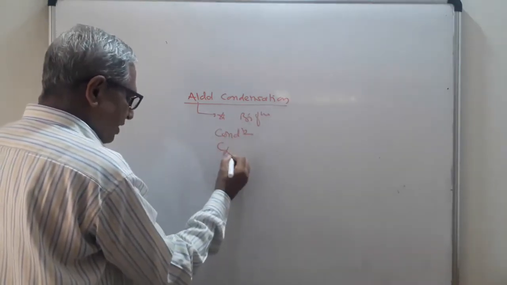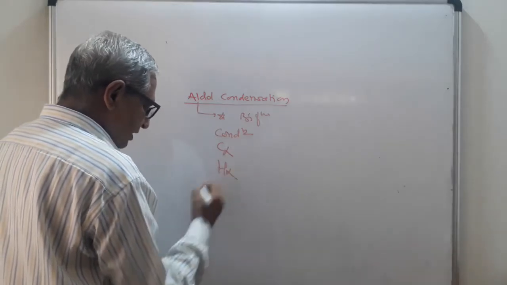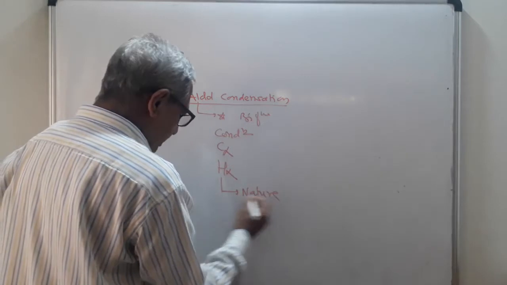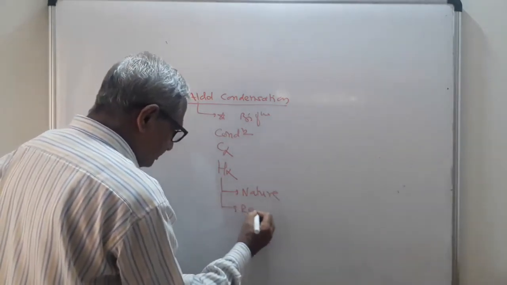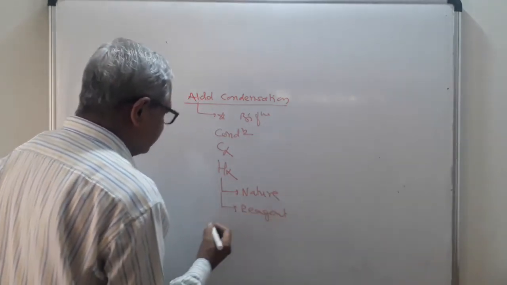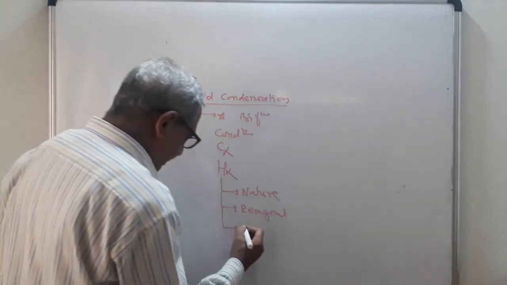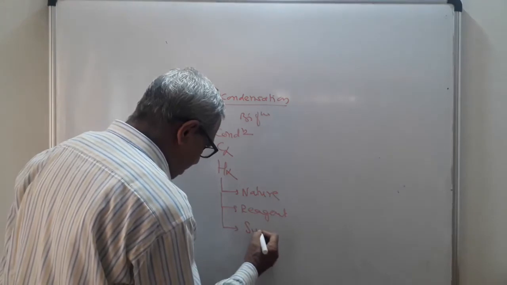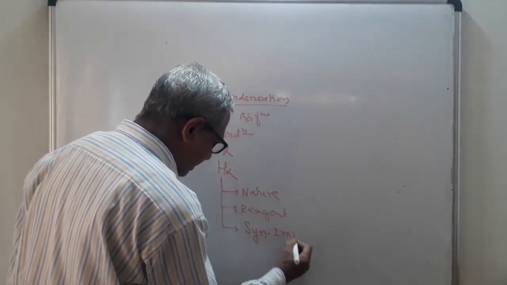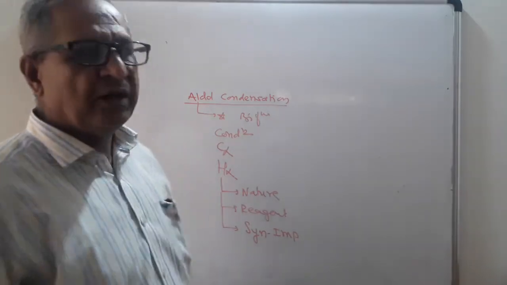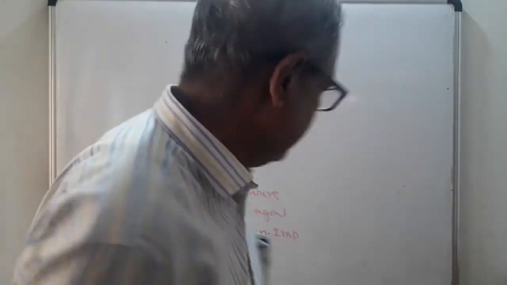We should know the alpha carbon, the alpha hydrogen, and the nature of alpha hydrogen. Third thing, we should know the reagent used for the alpha hydrogen. Next thing, we should know why it is a synthetically important reaction, because a new carbon-carbon bond is formed in this way. Then which of the following will undergo aldol condensation?